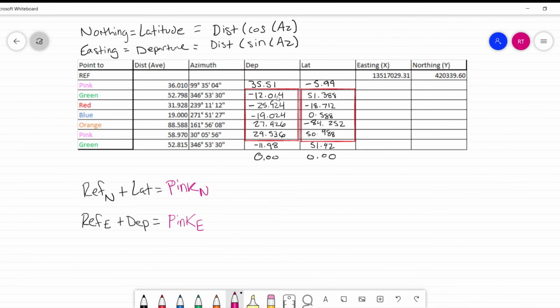Then you're going to use the pink northing plus the new latitude to give you the green northing, and the pink easting plus the departure to give you the green easting, and so on and so forth. You're just going to keep using the last coordinate and adding the change in latitude and departure to the northing and easting respectively to get the new coordinate.